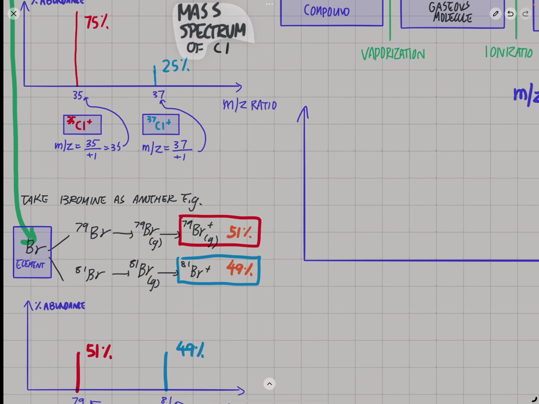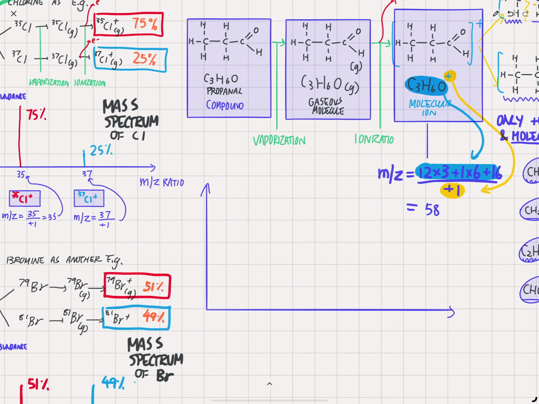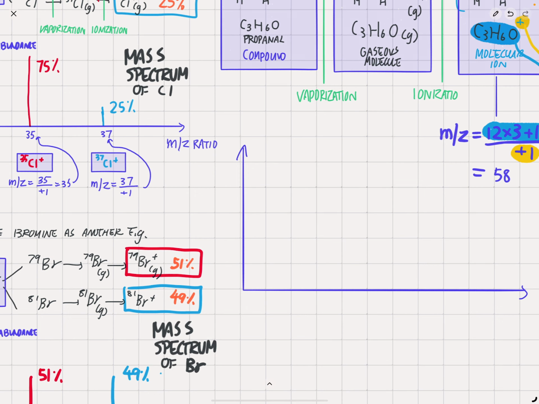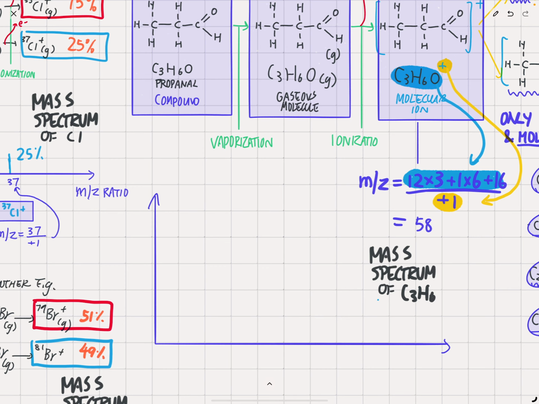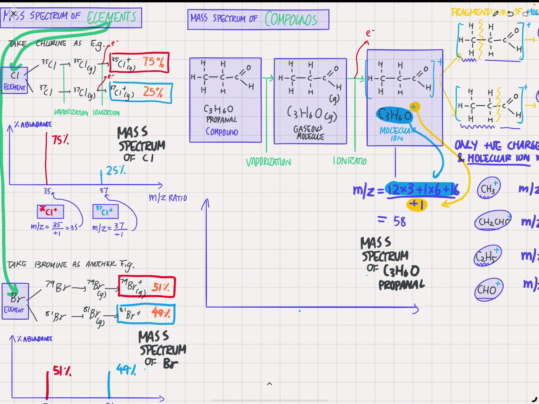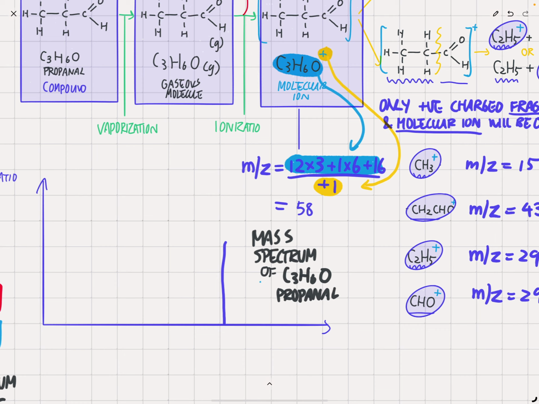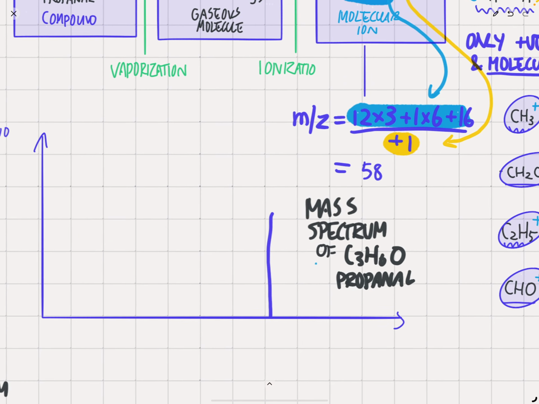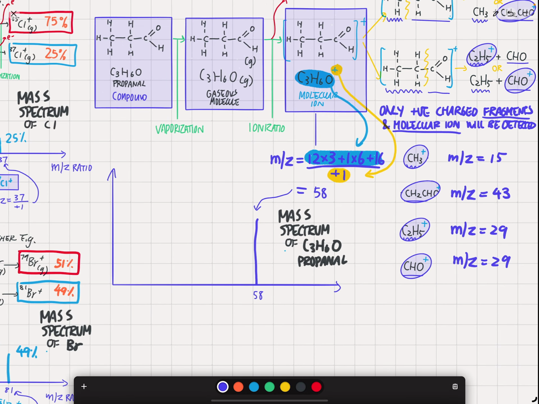Unlike the mass spectra of chlorine and bromine, you have many peaks here. First, you will have this molecular ion peak, which usually is the peak with the highest mass to charge ratio, as this comes from the molecule. So this peak is the molecular ion peak, we say.